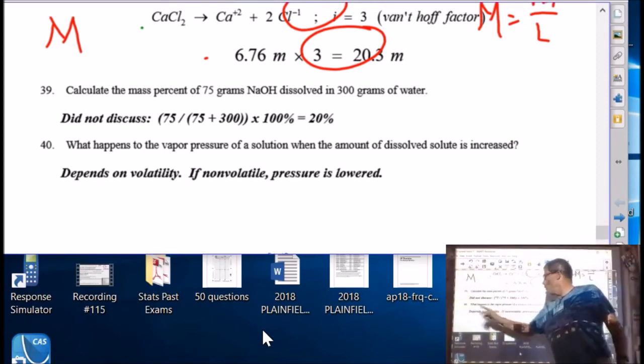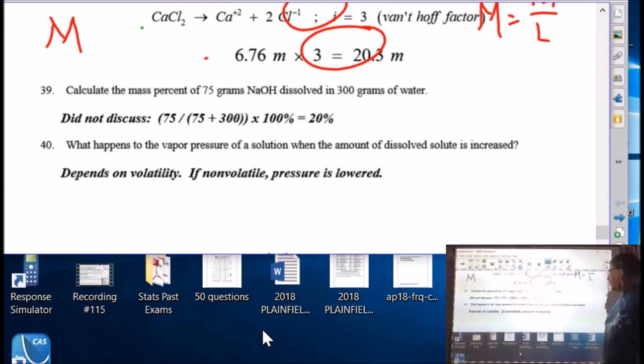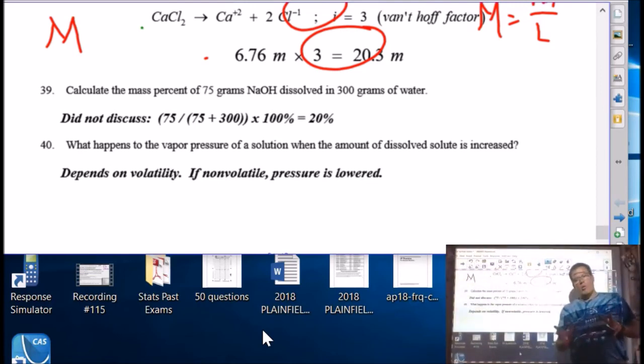So number 40, what happens at a vapor pressure of a solution when the amount of dissolved solute is increased? Anytime you add stuff to water, it actually elevates the temperature at which it boils. So if you're raising the temperature at which a substance boils, then the vapor pressure is actually going to be decreased, because if it has a higher boiling point, it has a lower vapor pressure associated with it.